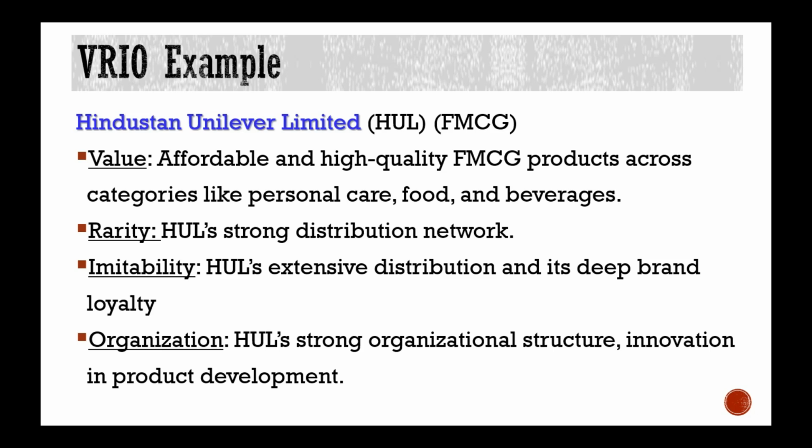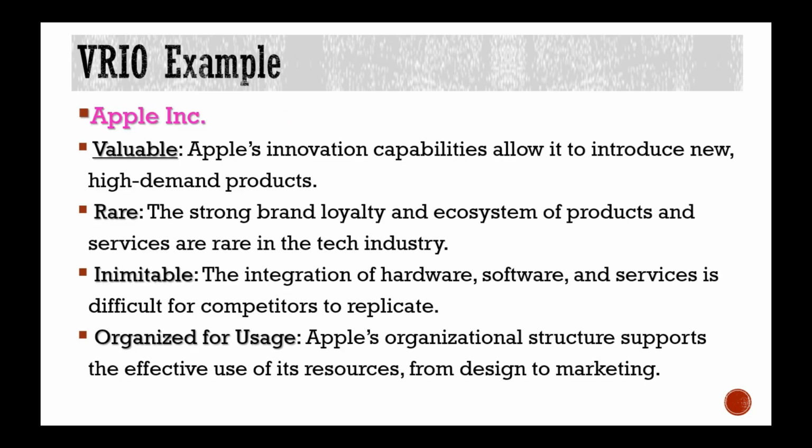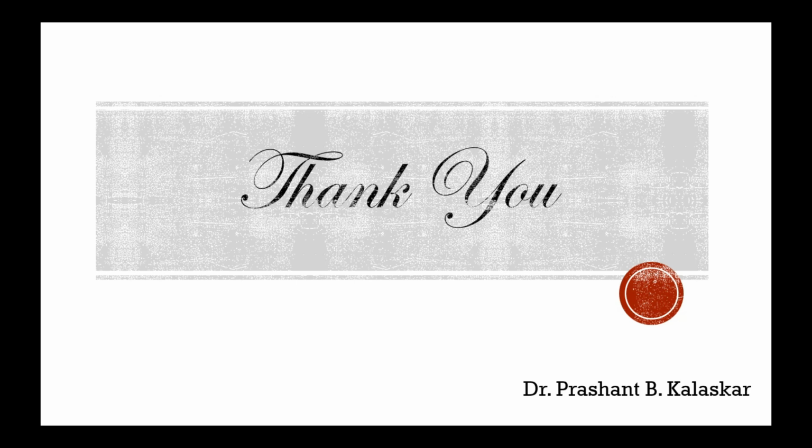Here I have mentioned a few examples for your further understanding. Now we can conclude that VRIO analysis will help organizations understand whether their resources are allowing them to develop competitive advantage or not. If not, what changes are required in their resources so that they can develop competitive advantage and thus maximize their earnings.